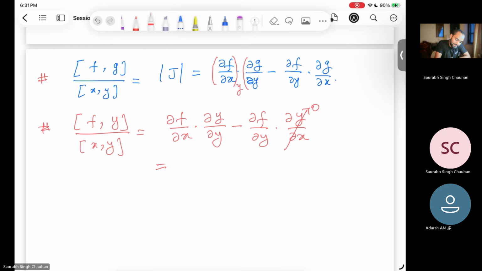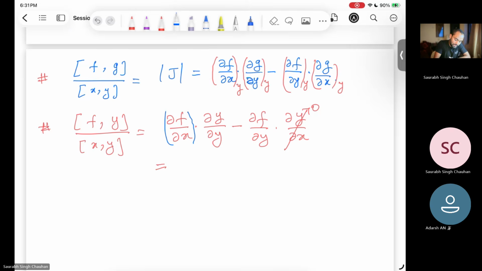Here x is constant, here x is constant, here y is constant, and so on. So here partial derivative of f with respect to x, here y is constant. And partial derivative of y with respect to y, this will become 1. Correct? Yes, sir.